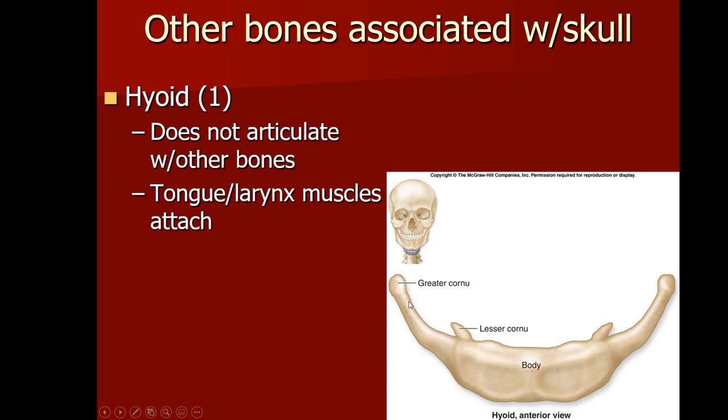The other interesting thing about this bone is it's commonly used for forensic purposes. So if someone was doing an autopsy looking for a cause of death and they examined this bone and it was broken, then a lot of times they can assume that the person was strangled and that was the cause of death, because this bone will break if a lot of pressure is put on the neck.